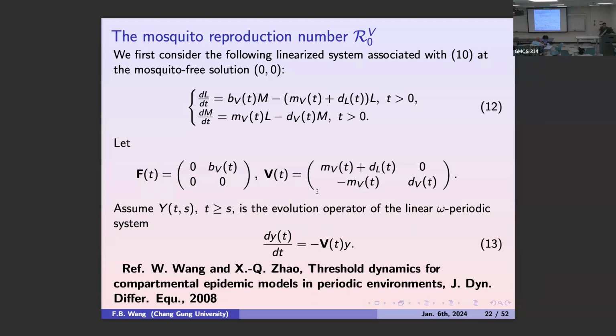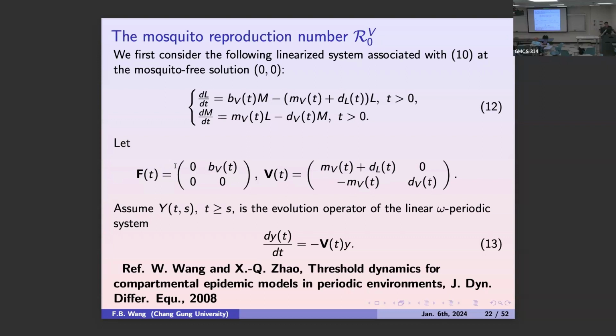You can see maturation or natural death. This mechanism is captured in the matrix V. And this term is the birth rate, so we include this term in the new infection.